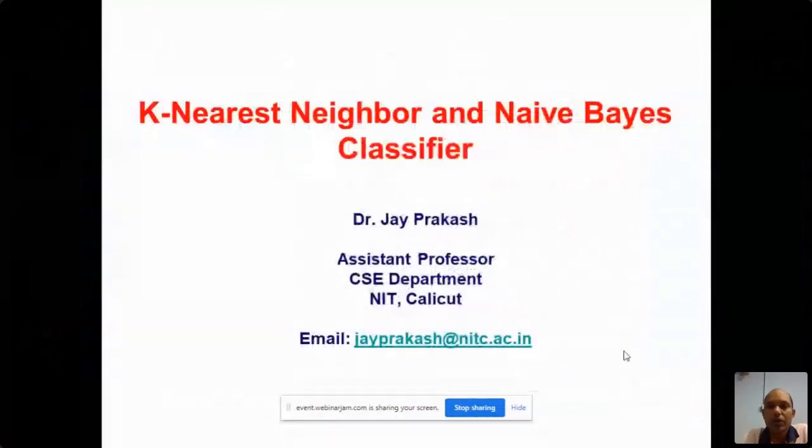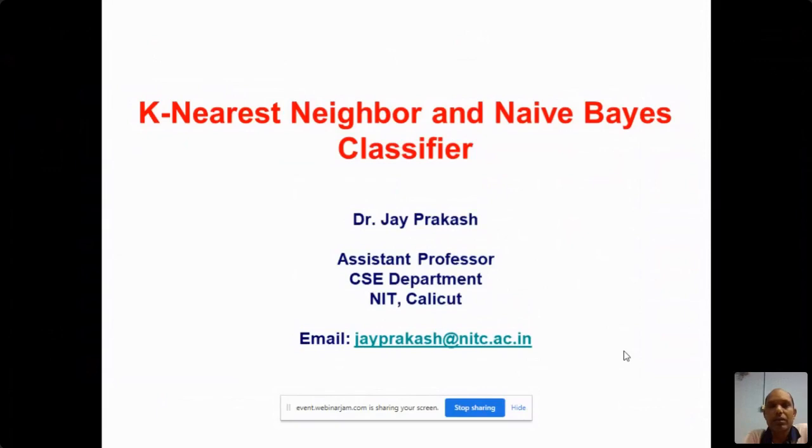So, good morning to all once again. Yesterday I discussed one of the classifiers, logistic regression. In that classifier, you saw that you can classify the data points or objects in the data set into different classes.